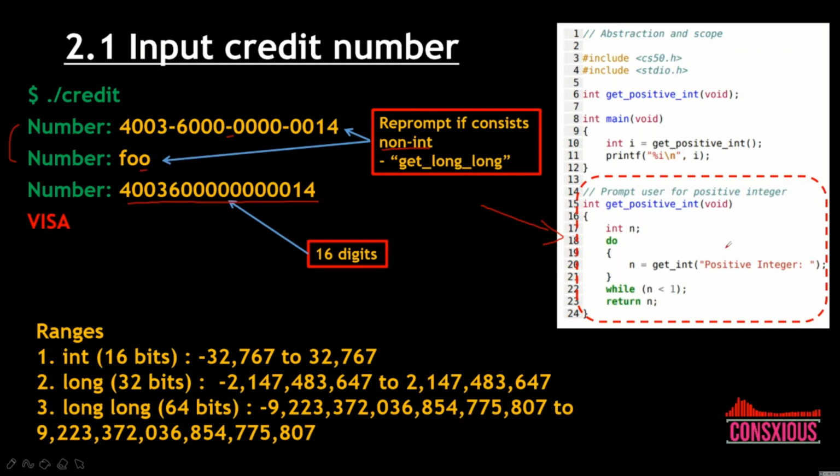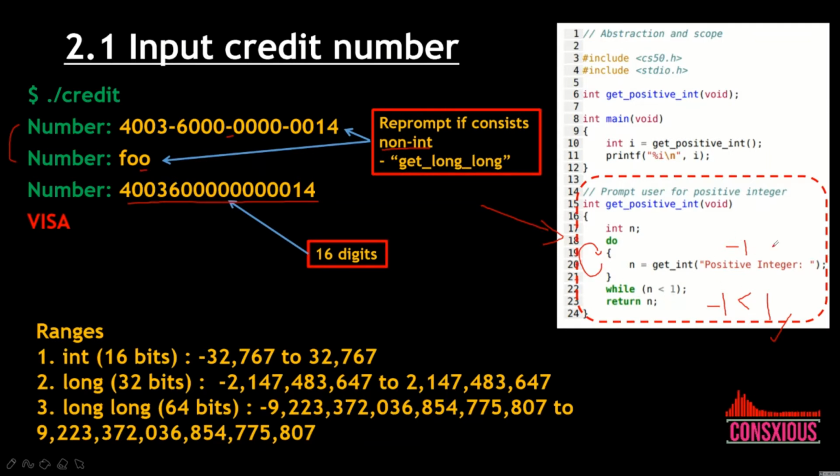For example, if the user keys in -1, we will compare with these conditions here, -1 and 1. So -1 is less than 1, so this is correct. If this is true, there will be a loop here to reprompt again.